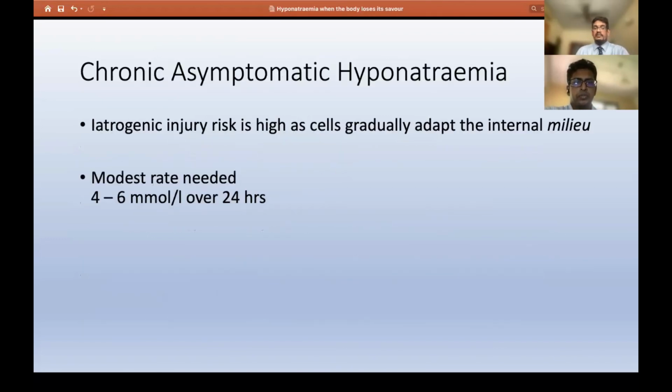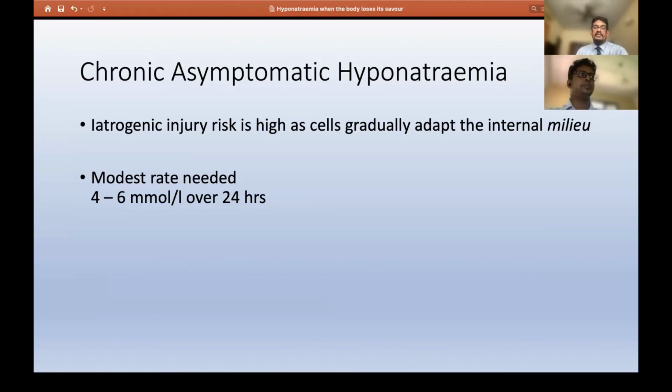If somebody has chronic asymptomatic hyponatremia, then you can take time. You aim for a rise of 4 to 6 millimoles per liter over 24 hours.